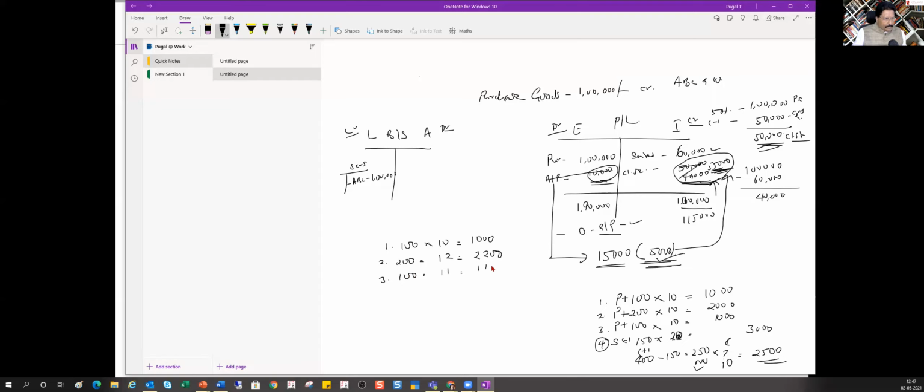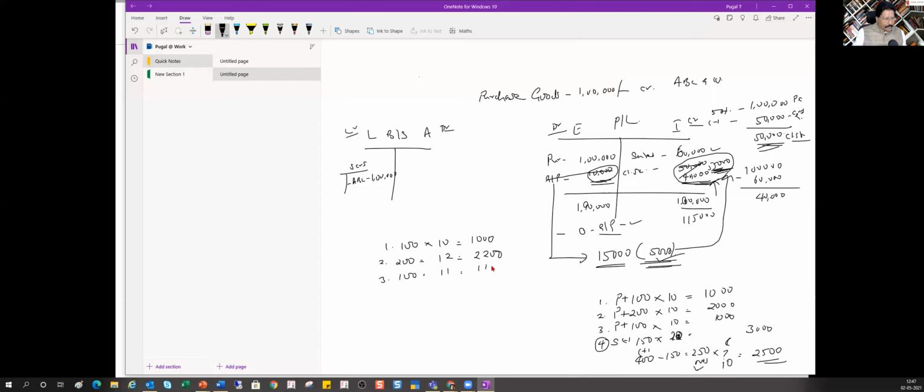So let us now quickly see the popularly adopted inventory valuation methods for you to adopt in your organization to arrive at your closing stock value. So the first one, if you see here, is FIFO.